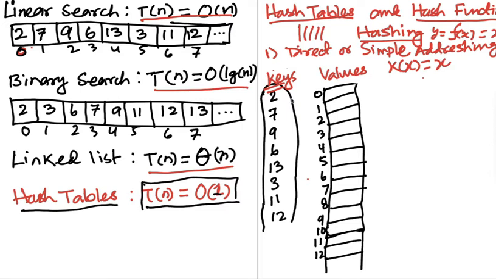So since there is no change from the independent variable to the dependent variable, what we do here, according to this function, is that 2 will be put at place 2, 7 will be put at place 7, 9 will be put at place 9, 6 will be put at 6, and 13 will be put at place 13 over here.